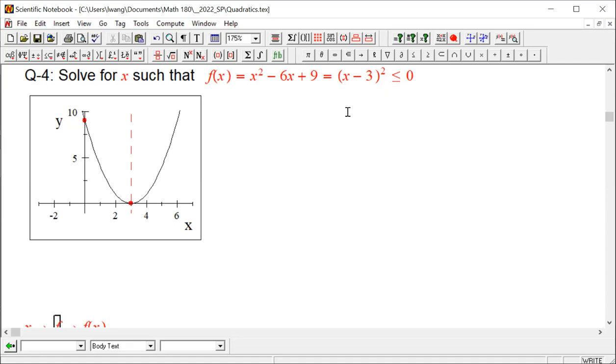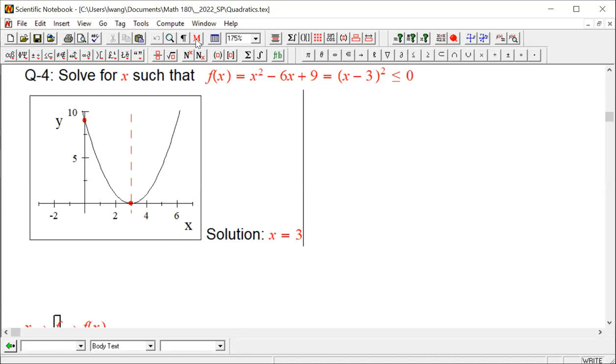Less than 0 is impossible, but we only have one case, which is equal to 0. So in this case, there's only one solution. That solution is x equals 3. These are the 4 questions.